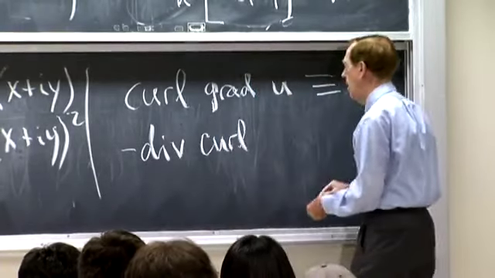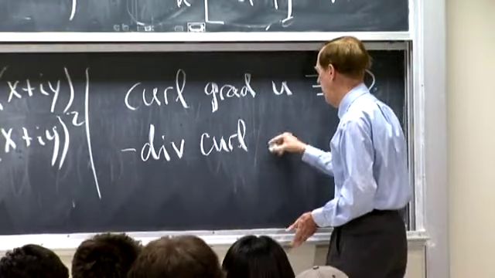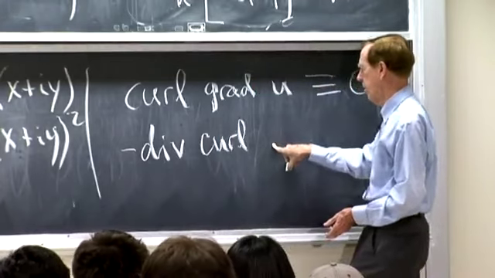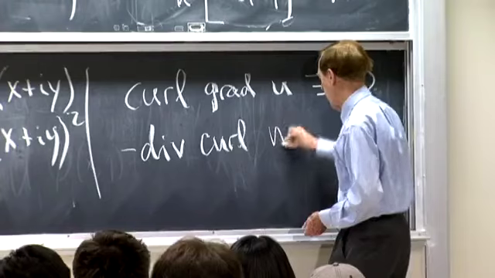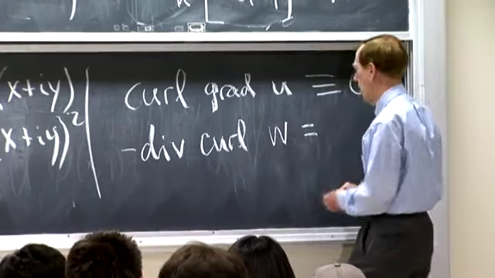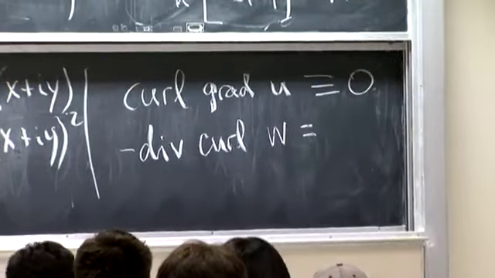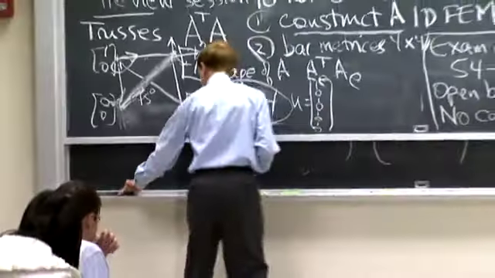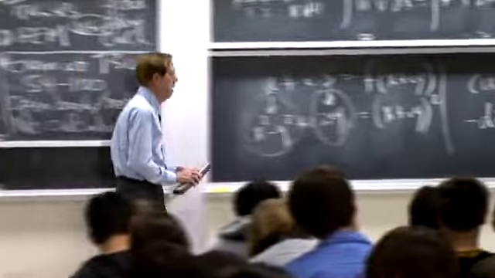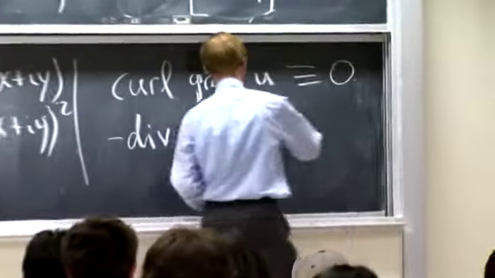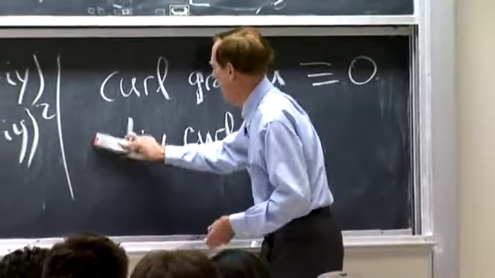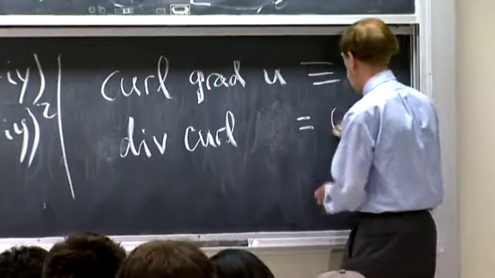Of any, now what should the curl act on? It acts on an S. And the minus sign, of course, isn't going to matter because I've got a 0 on the right-hand side.